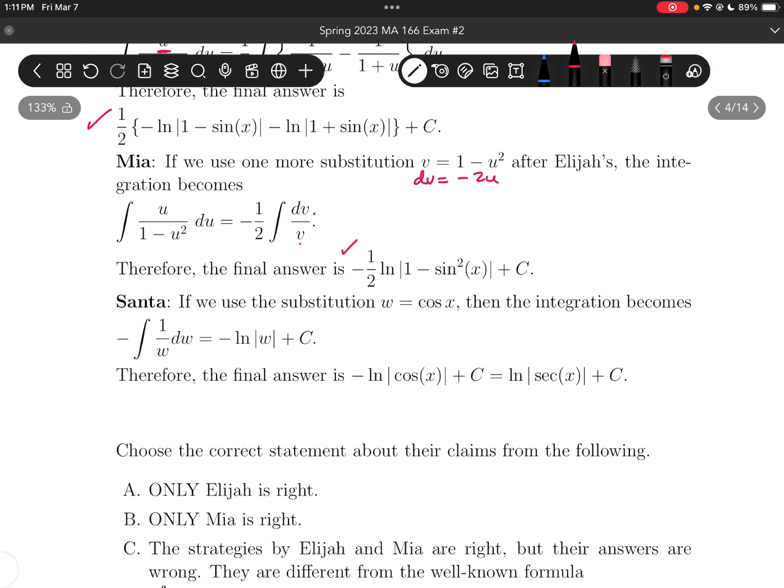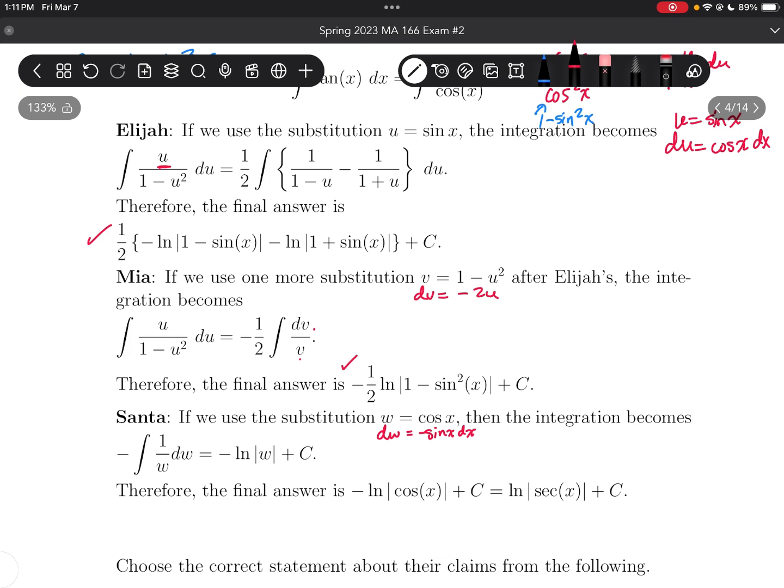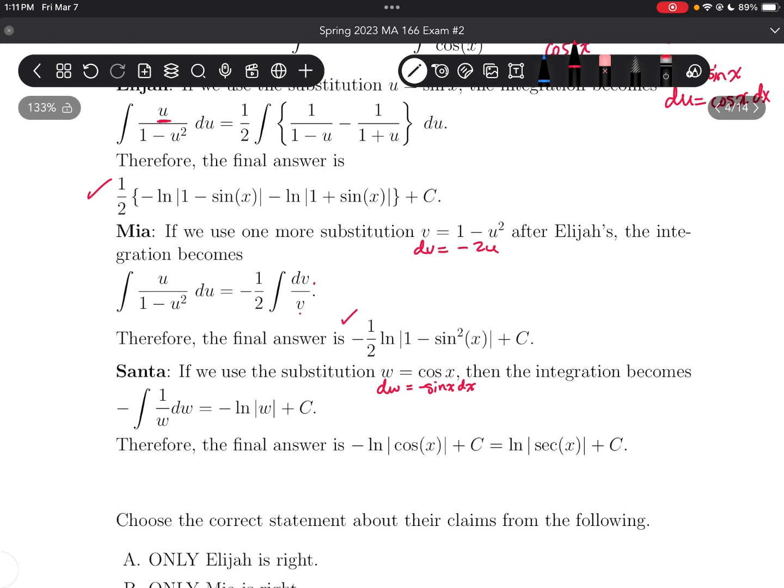Okay, and then Santa doesn't do the substitution that Elijah did. Instead, he does w equals cosine x, and that would make dw equal negative sine x dx. So the expression becomes negative the integral of 1 over w dw, and that is equal to negative the natural log of w.